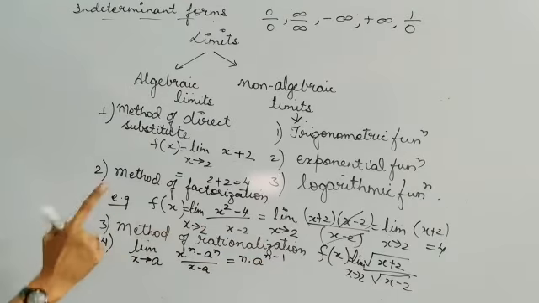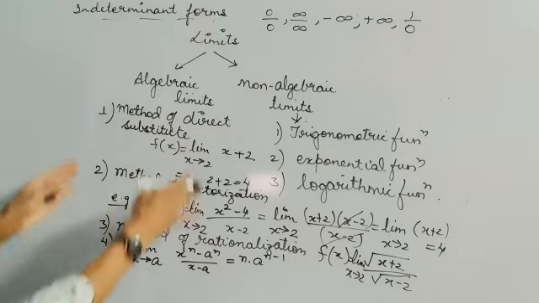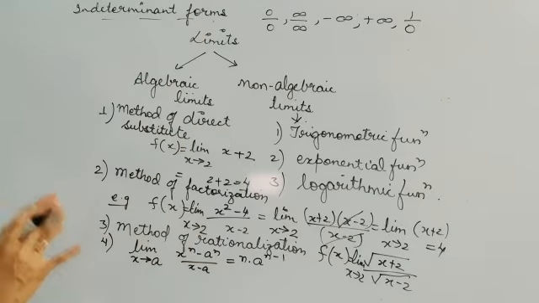But before using this formula, make sure that the constant term you are getting here is the limit. That means x should be tending to the constant value which is given in the function. Alright, so these are the methods which you can use when the function is an algebraic function.